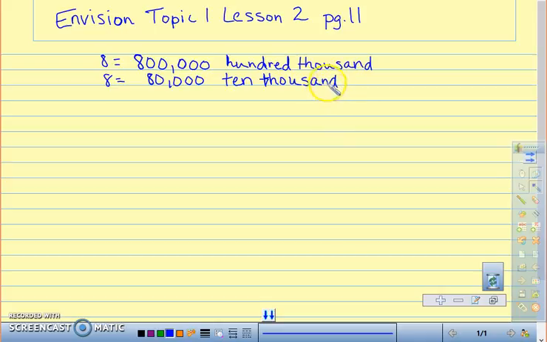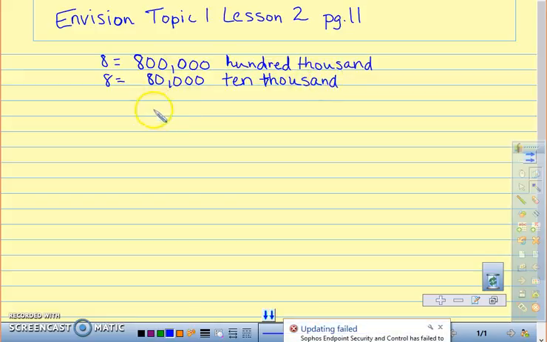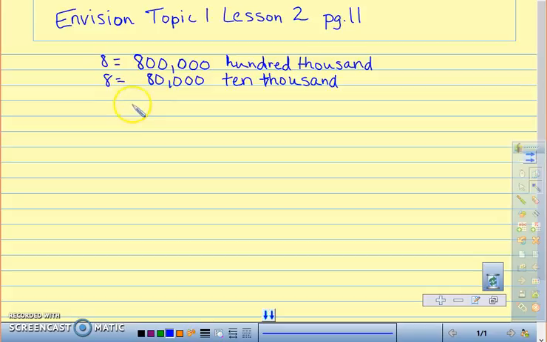It also says, how are the two values related? And if you look, 800,000 is 10 times more than 80,000, because if we multiply 80,000 by 10, we would get 800,000.